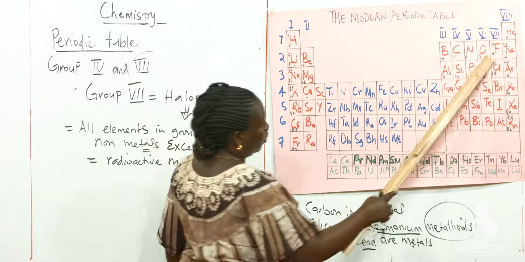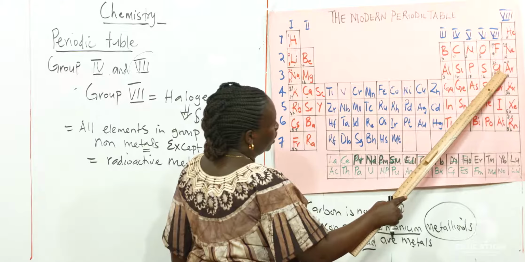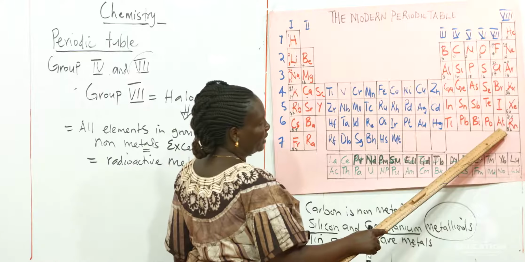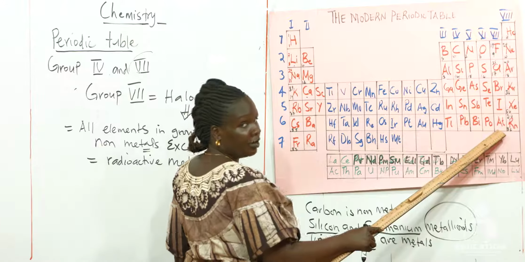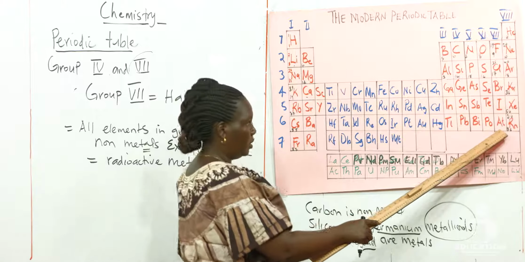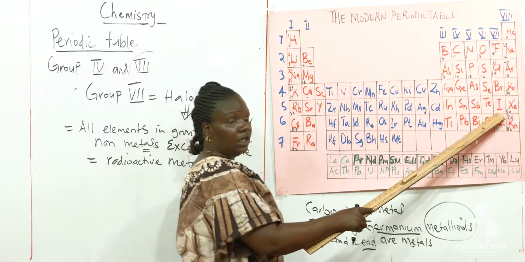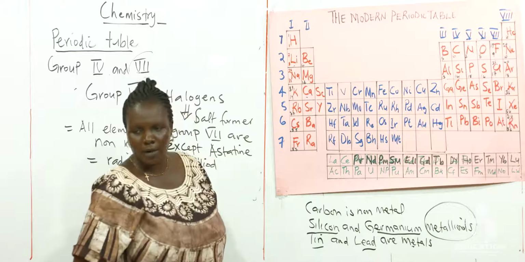So we have fluorine, chlorine, bromine, iodine, and astatine, which is a radioactive metalloid. Fluorine, chlorine, bromine, and iodine are all non-metals.